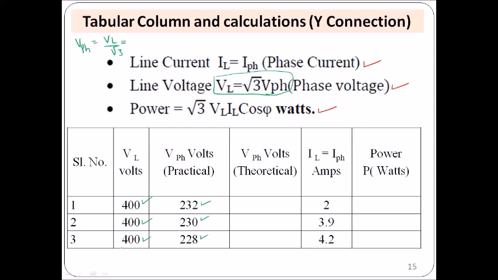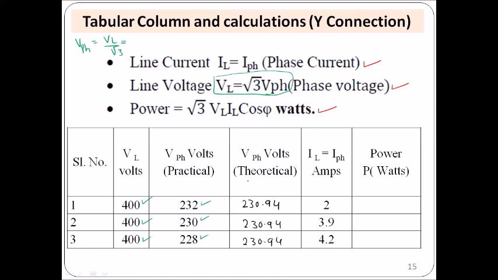If we substitute these values, then we shall get the answer as 230.94, which is nothing but 400 divided by root 3. Similarly here also you will get 230.94, and here also you will get 230.94. Okay, this is how you have to complete this column representing phase voltage.